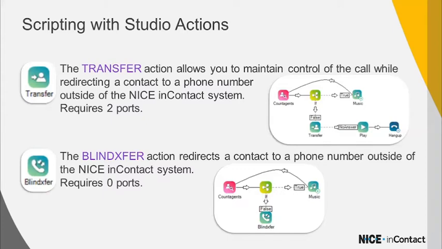So in that case, by using an if condition, we can play some music, and we can also transfer the call to the supervisor. All the agents are busy, and I can ask my supervisor to take that call. So in that way the call is going to be recorded, and it is going to be in the system.